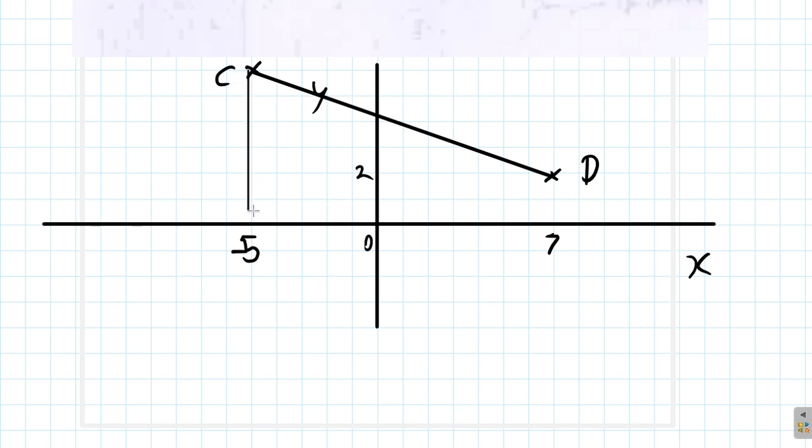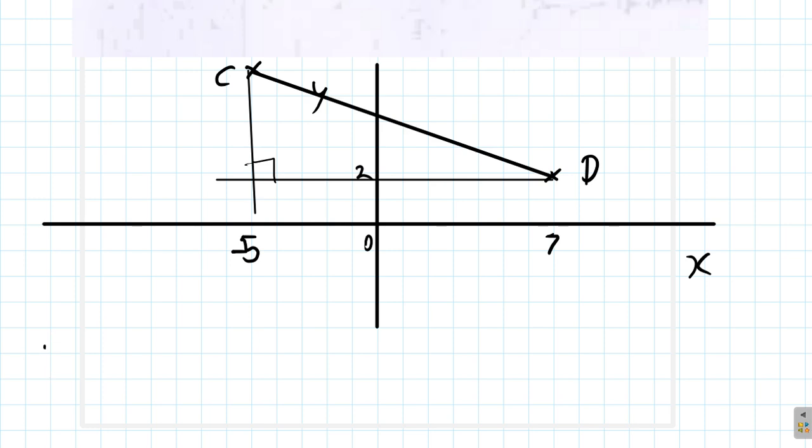If you go down this way and then across, well, it doesn't really look too much like a right angle, but you get the idea. Let's say our right angle is here. The x coordinate would be halfway left to right. The y coordinate would be halfway up and down. Now, which location is halfway between negative 5 and 7?